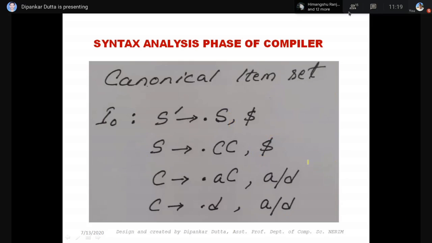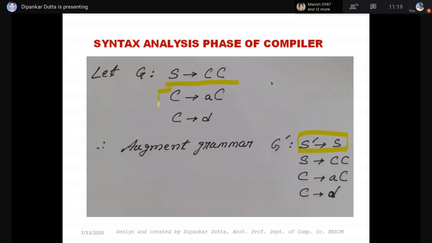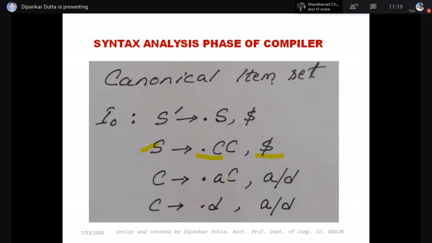Now come to the next statement. S implies dot CC. What will be the lookahead here? It's already there: dollar. Closure for dot C, because for C there are two productions, C implies cC and C implies d. Add these two productions, C implies dot cC and C implies dot d, and compute the closure. For closure we need beta.